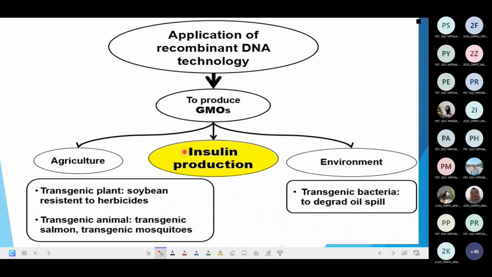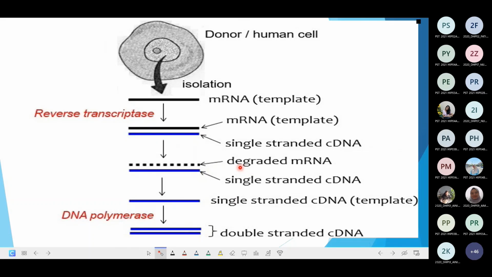So basically the procedure is about the same. Okay, it's about the same. Perbezaannya adalah, instead of isolating the target DNA, you can see here that we isolate the mRNA. Itu perbezaan dia. Okay, I repeat, instead of isolating the target DNA, over here we isolate the mRNA.